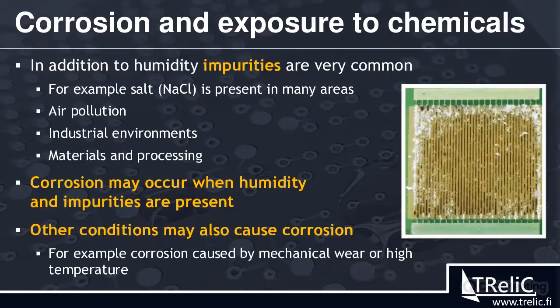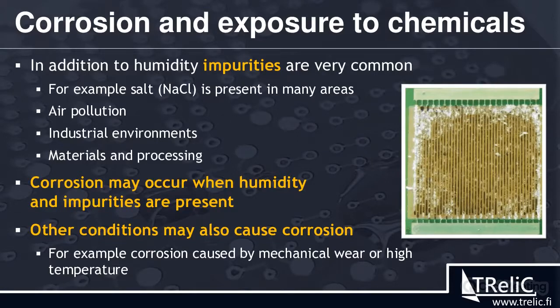So we very often have impurities, and there are many reasons for those. Well, if you are in coastal areas, salt is normally present, which is very corrosive. Air pollution is a problem in many areas. In most urban areas, you have some air pollution.